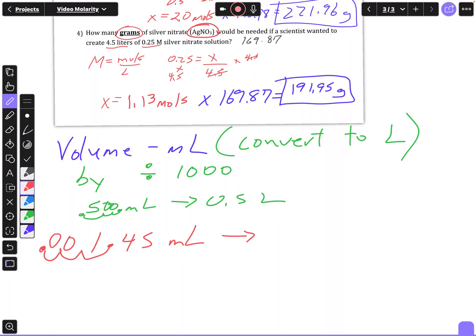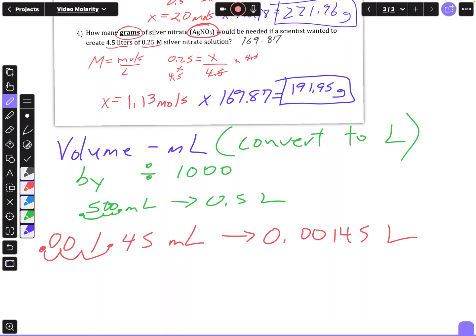Put in your zeros, and that becomes 0.00145 liters. So make sure to read the problem carefully. If you're given milliliters, change it to liters. Divide by 1,000 or move 3 places to the left.